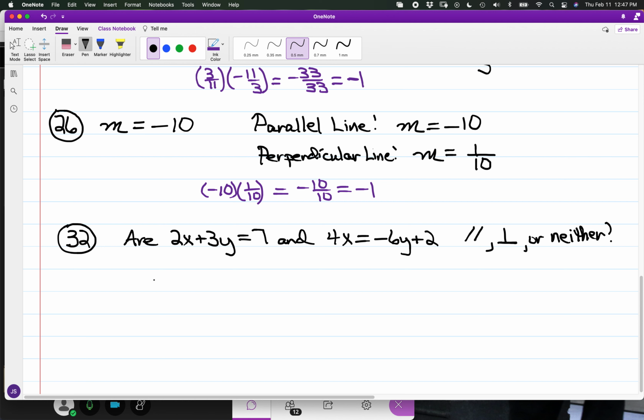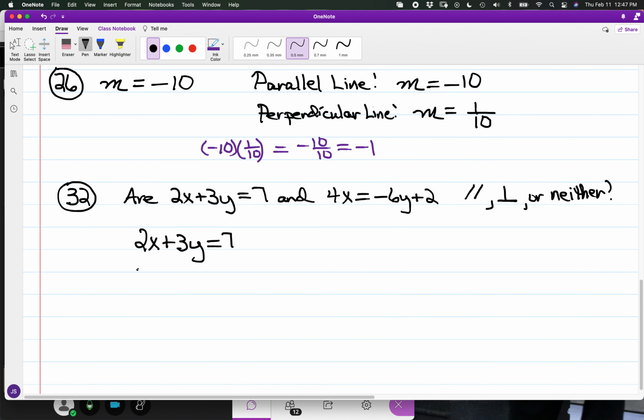you're not going to have the lines be parallel or perpendicular. So looking at the determination of the slope for 2x plus 3y is equal to 7, what we can do here is convert this equation into the slope-intercept form. Getting the y term by itself, if I take 2x away from both sides, we will have that 3y is equal to negative 2x plus 7.